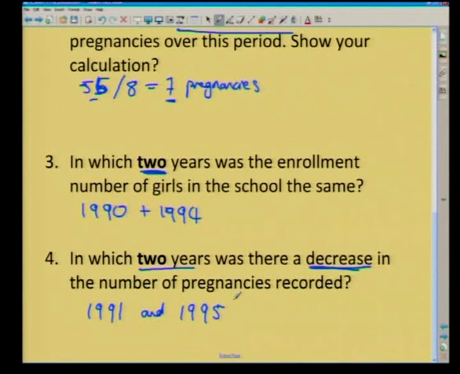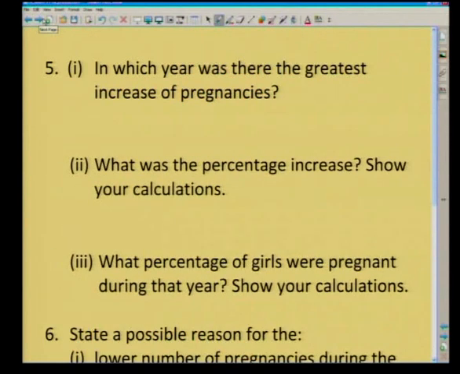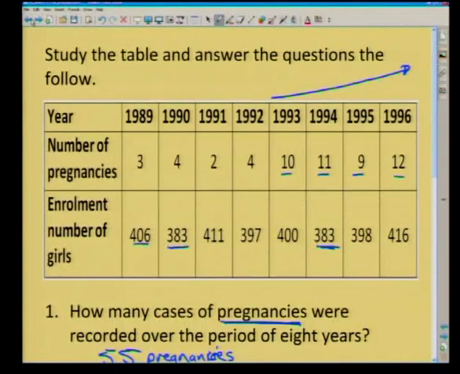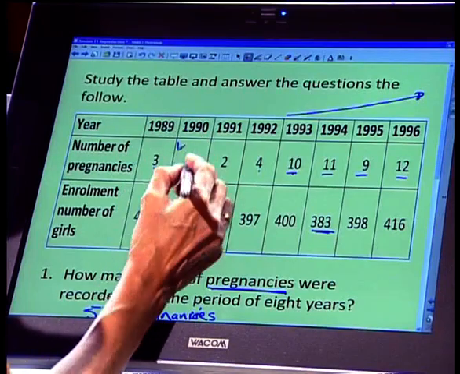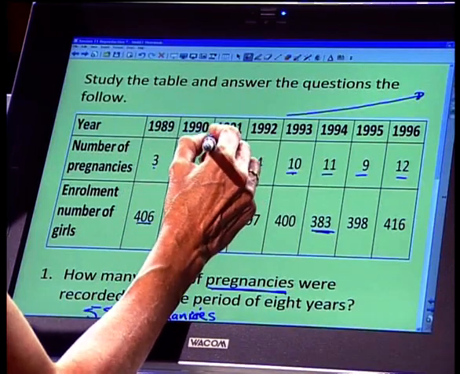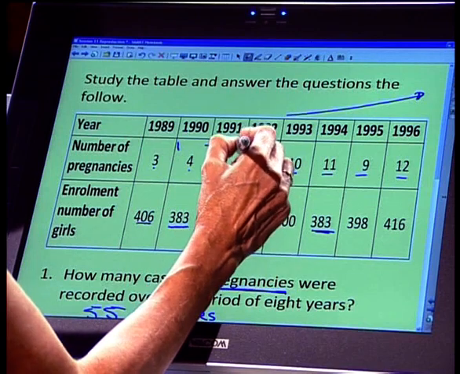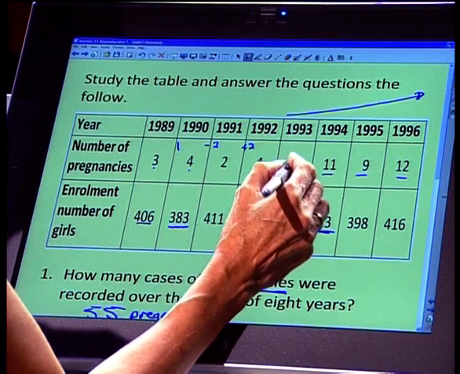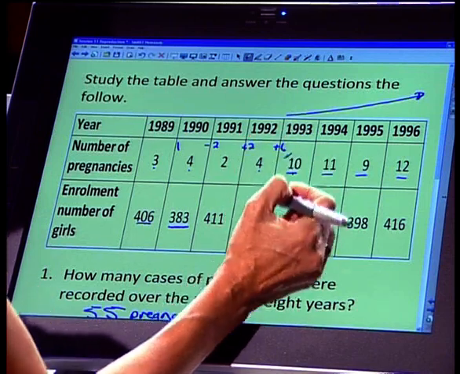All right. In which year was there the greatest increase in pregnancies? You've gone from 4 to 10. See, 3 to 4? There's a difference of 1. 4 to 2 is a decrease of 2. 2 to 4 is an increase of 2. 4 to 10 is an increase of 6.